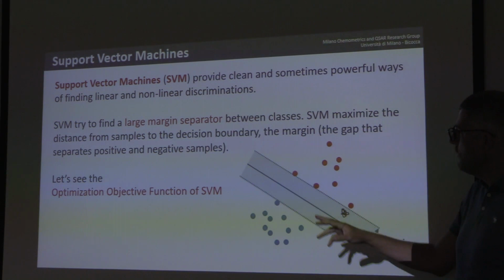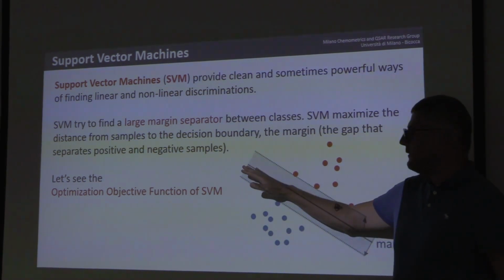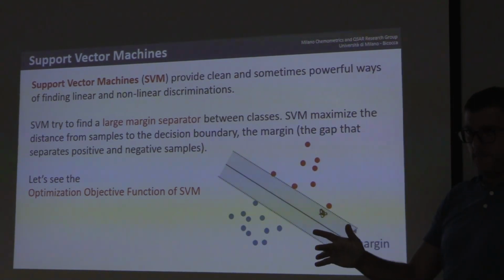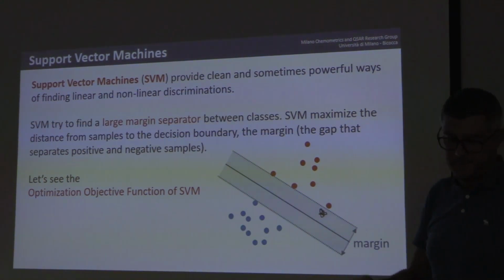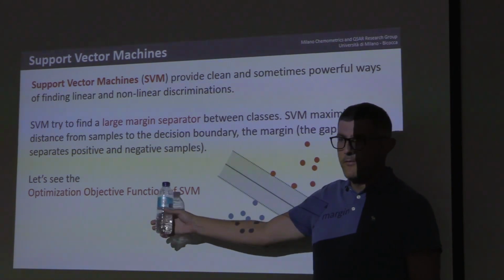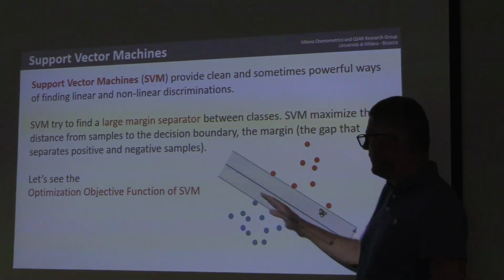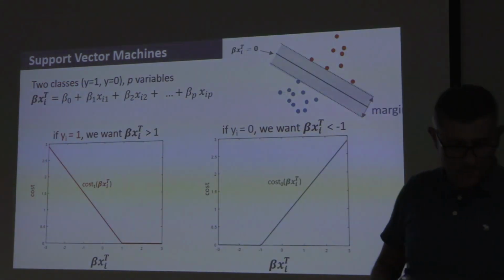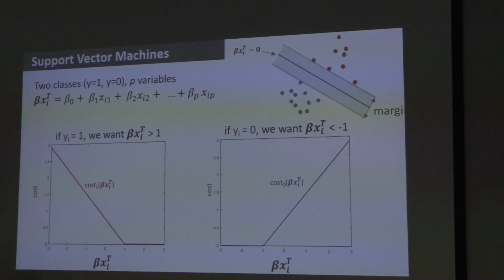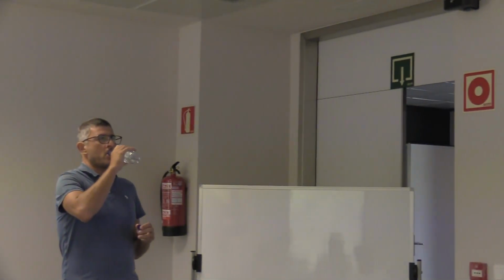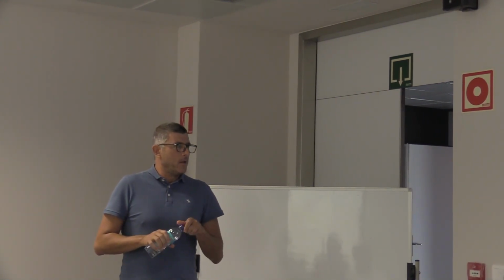Now, how are this separation and this margin defined by support vector machines? Which is the optimization function that support vector machines use to define this boundary? Here things get a little bit more fun. Let's try to simplify.